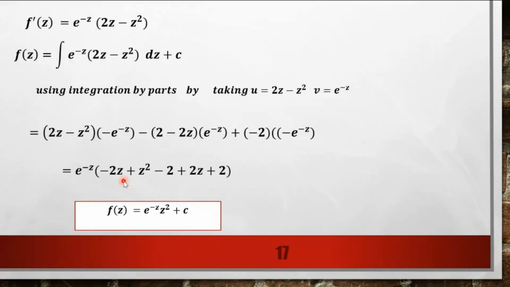Apply u into v in this manner when we are given an algebraic function. Till the u function becomes 0, go on differentiating the u function and integrating the integral v function. Here we don't write v, we write the integral of v and keep integrating it repeatedly until the derivative of u becomes 0.